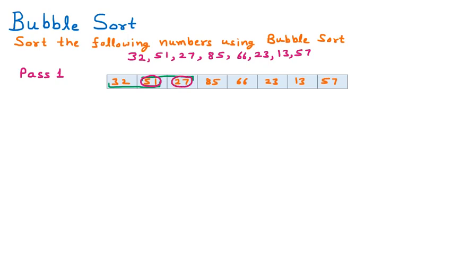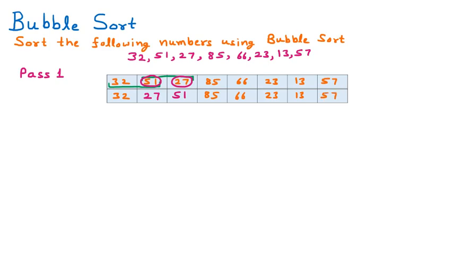Now we are taking another row, in which we put the swapped numbers. So 27 is coming here and 51 will come on the other side. All the remaining numbers will be as they are: 32, 85, 66, 23, 13 and 57.